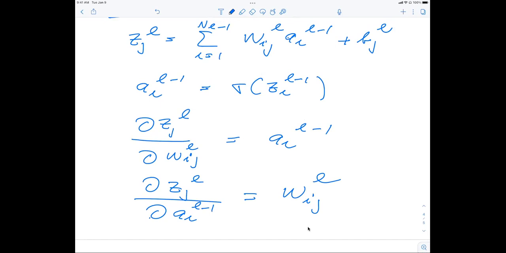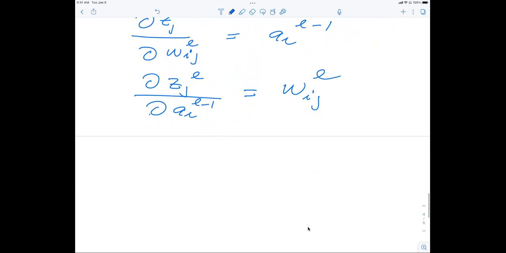So the next thing we need is an intermediate result as well. We need the derivative of the output from node j in layer L with respect to this quantity z, the input.